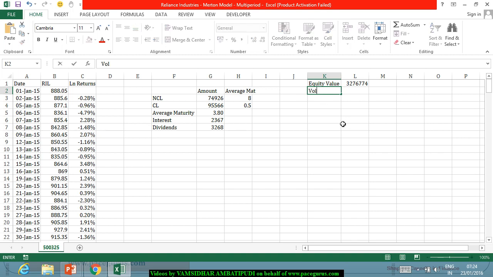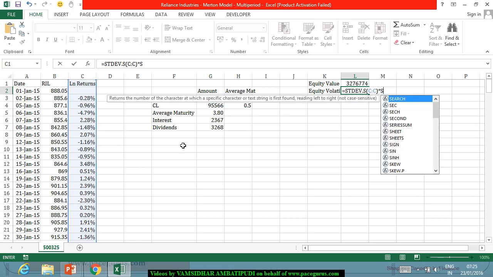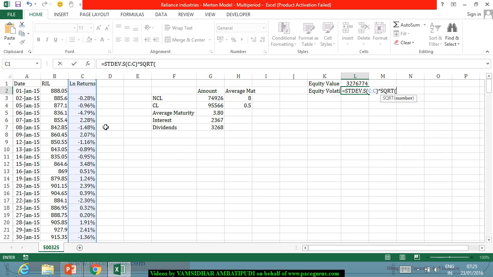And the equity volatility, I can find out directly, which is the daily volatility, from the standard deviation of the log returns. I multiply it with the square root of the count of this particular column.